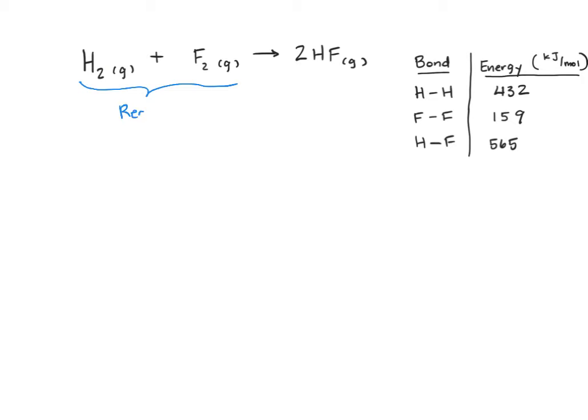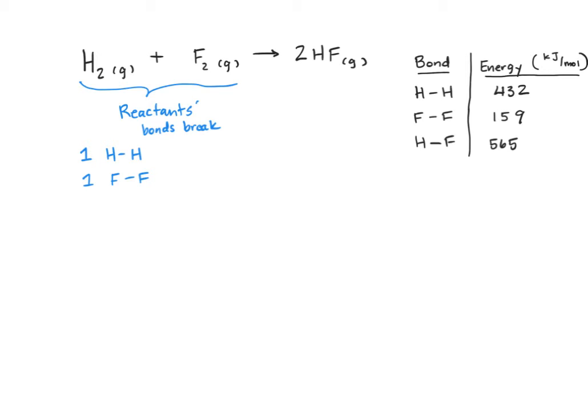Our reactants have bonds that break. Those bonds include the bond between two hydrogen atoms in H2 and two F atoms in F2. So, we have one bond between two hydrogen atoms and one bond between two F atoms.